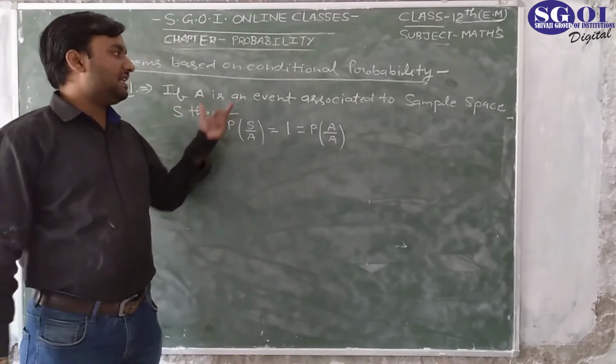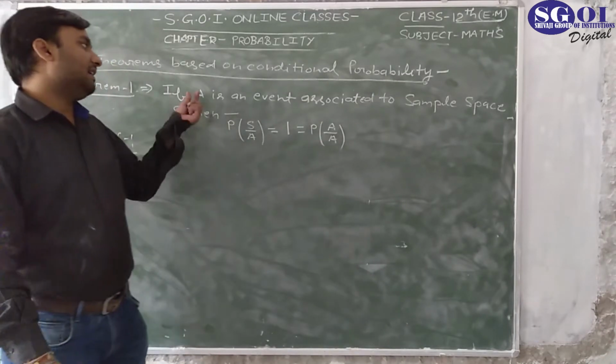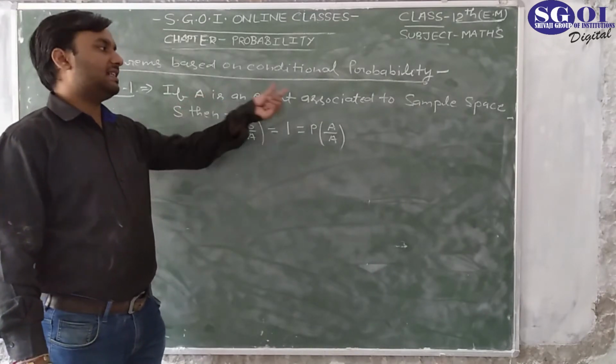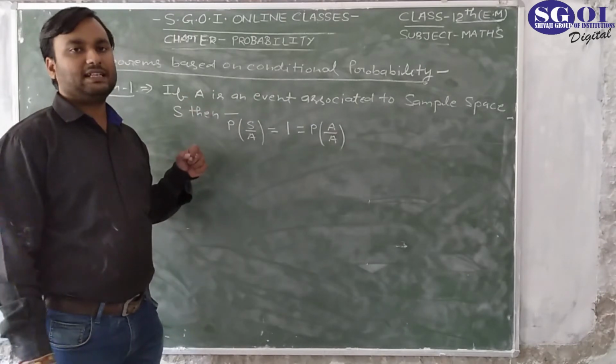If capital A is an event associated to sample space S, given us an event capital A which is associated to sample space S. So what is the definition of event?